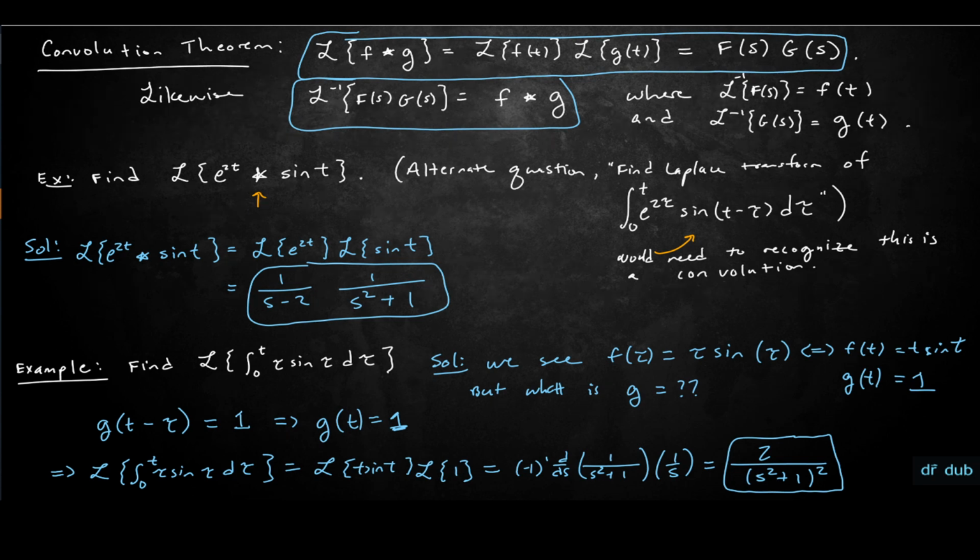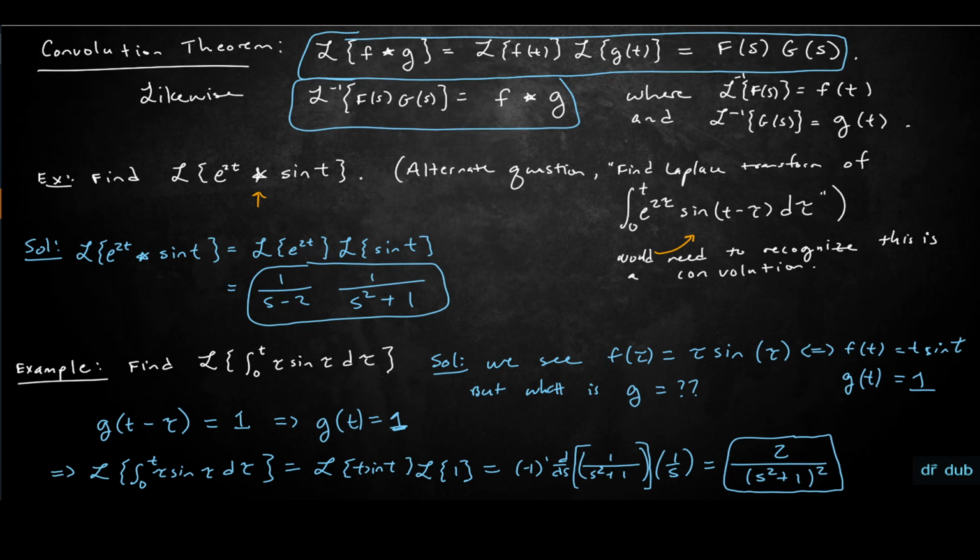So take the derivative of this function in the bracket, and then multiply by 1 over s, and then multiply by negative 1, and it'll all reduce down to 2 over s squared plus 1 squared. So that is the Laplace transform of this integral from 0 to t of tau sine tau d tau.